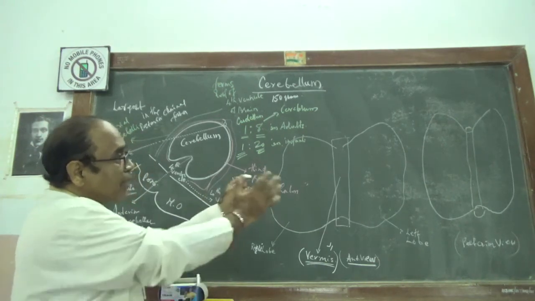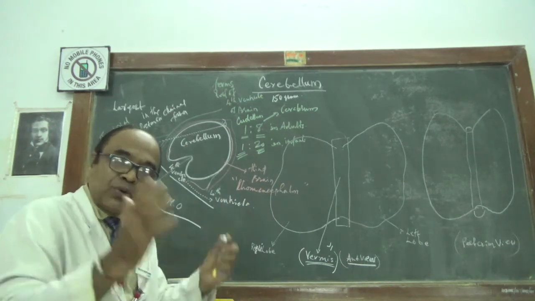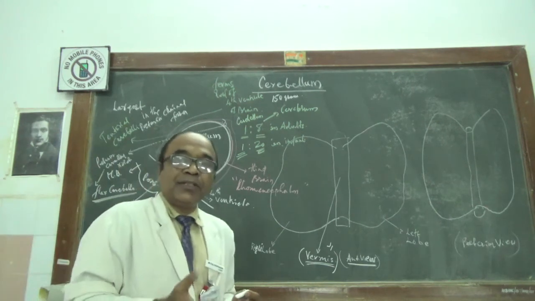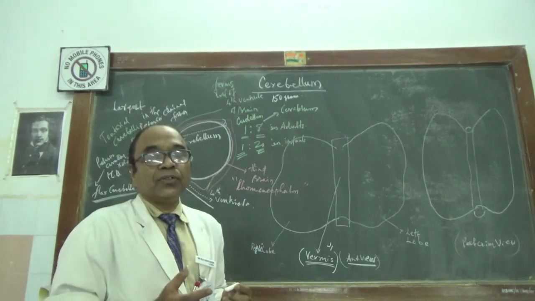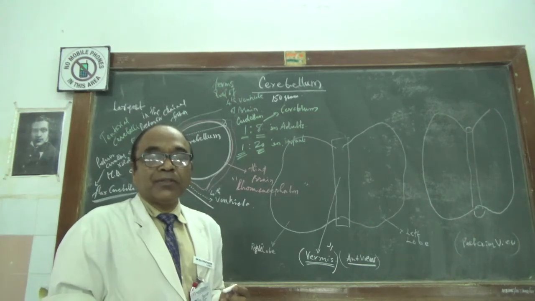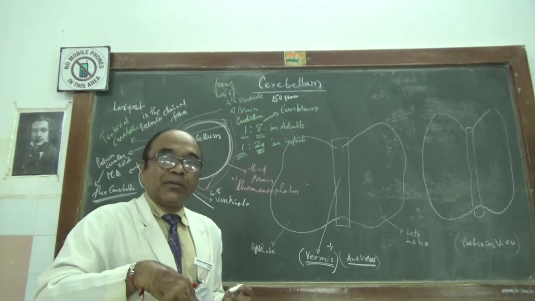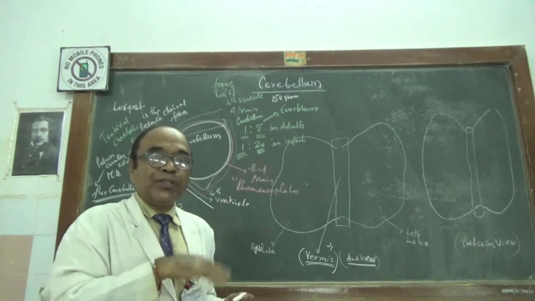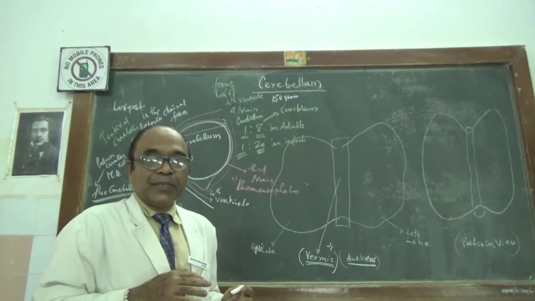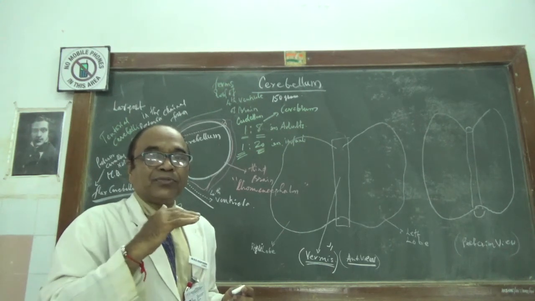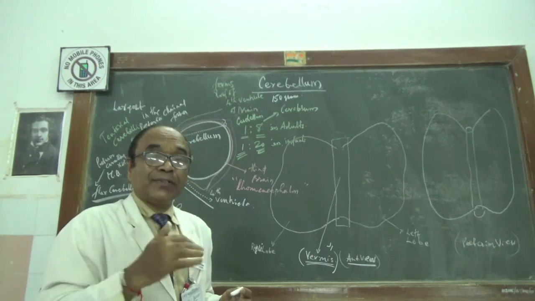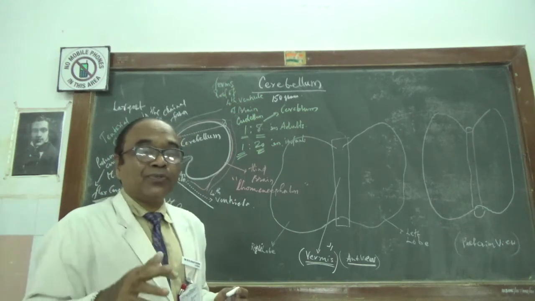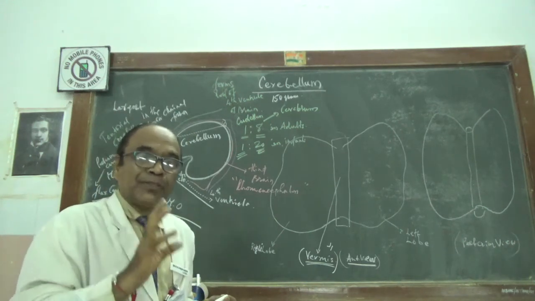So the cerebellum is placed, located in the posterior cranial fossa. The fossa for the cerebellum to lodge is in the posterior cranial fossa, below the transverse groove for the transverse sinus and above and behind the foramen magnum, which is present in the occipital bone.